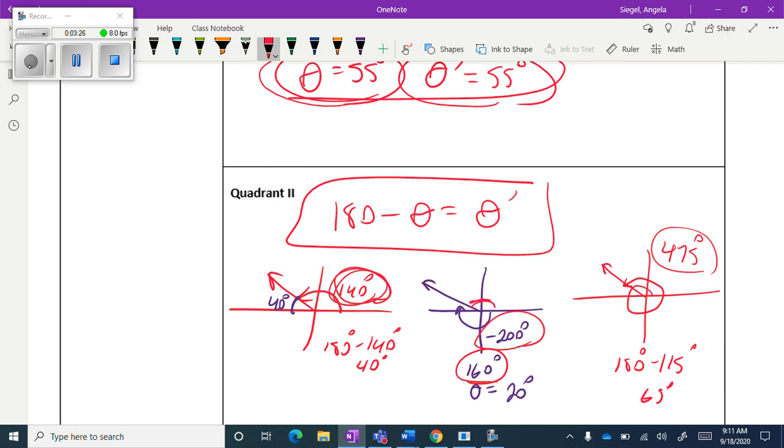So I know that this angle is 160 degrees, and this reference angle is going to be 20 degrees. This 475 is too big, so I need to take away the rotation, and I get 115 degrees. So 180 minus 115 is 65. So that's going to be that reference angle right there.